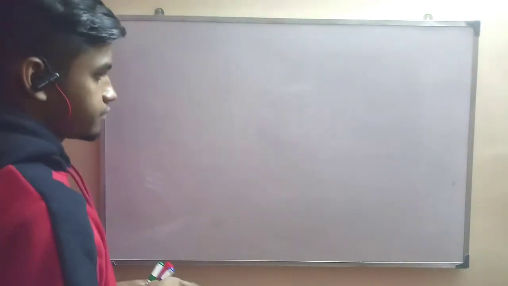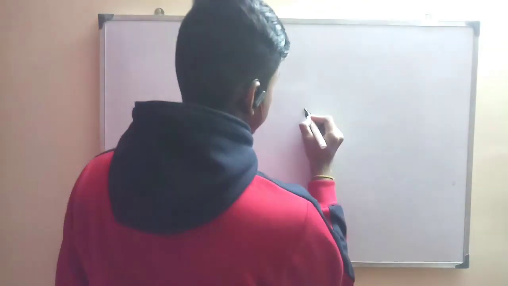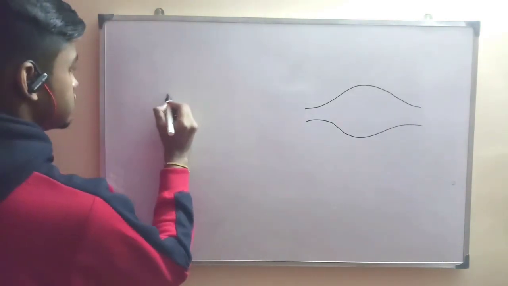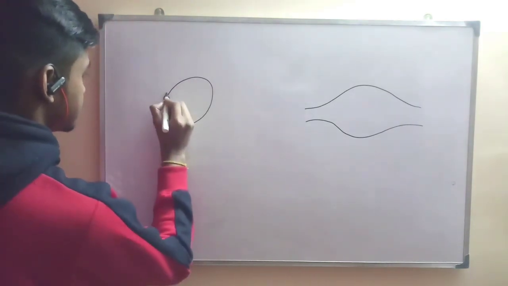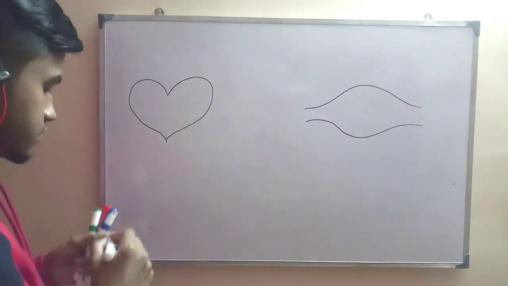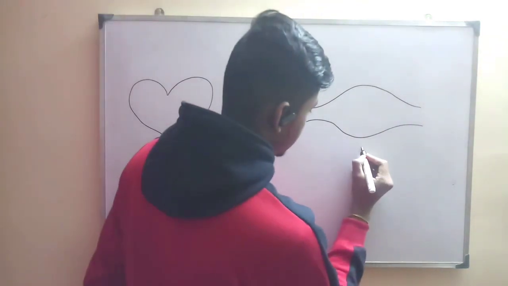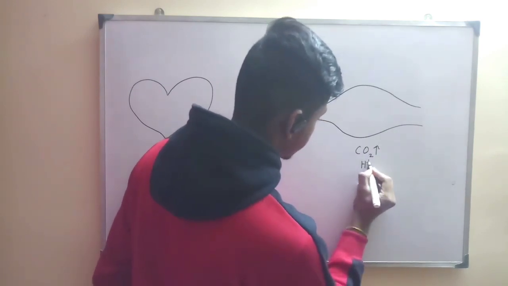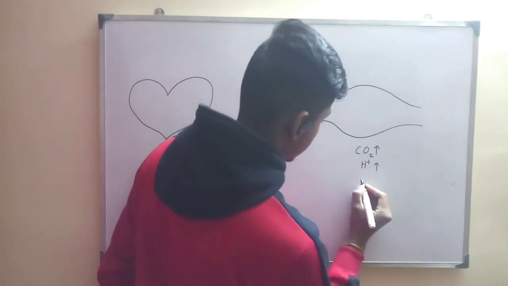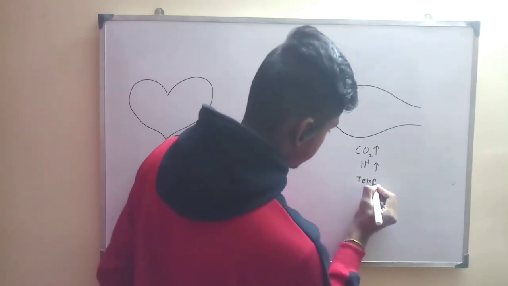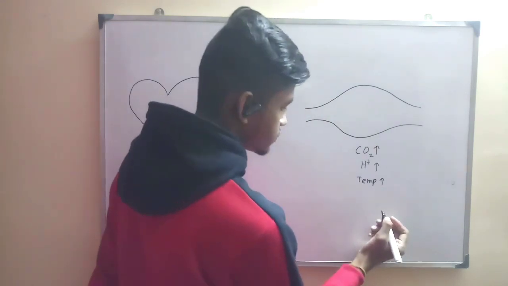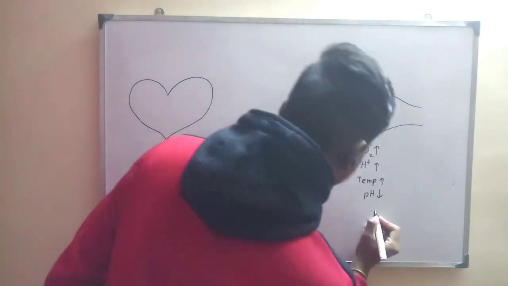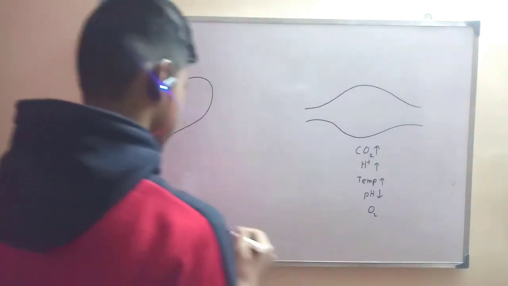Suppose it is the muscle and it is the heart. In the muscle, the CO2 level is high, the hydrogen ion concentration is high, the temperature is also high due to the muscle contraction, and the pH is low and the oxygen level is also low because of muscle contraction.